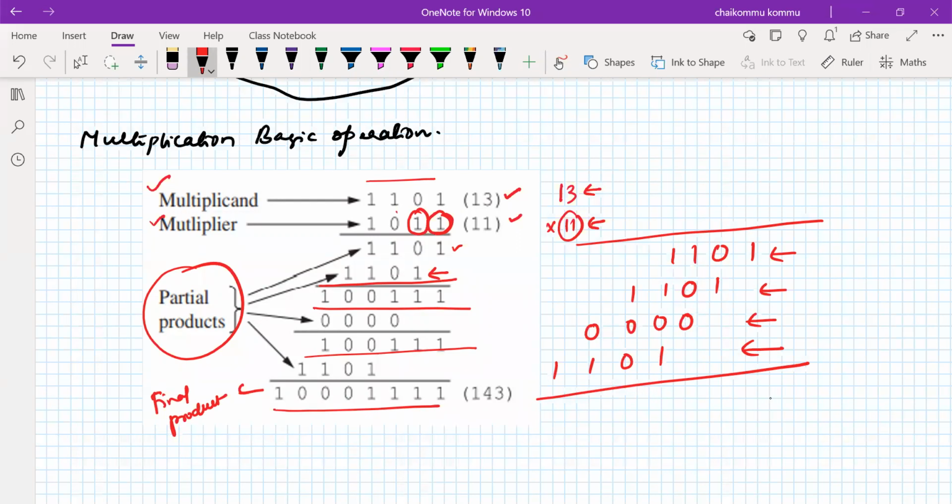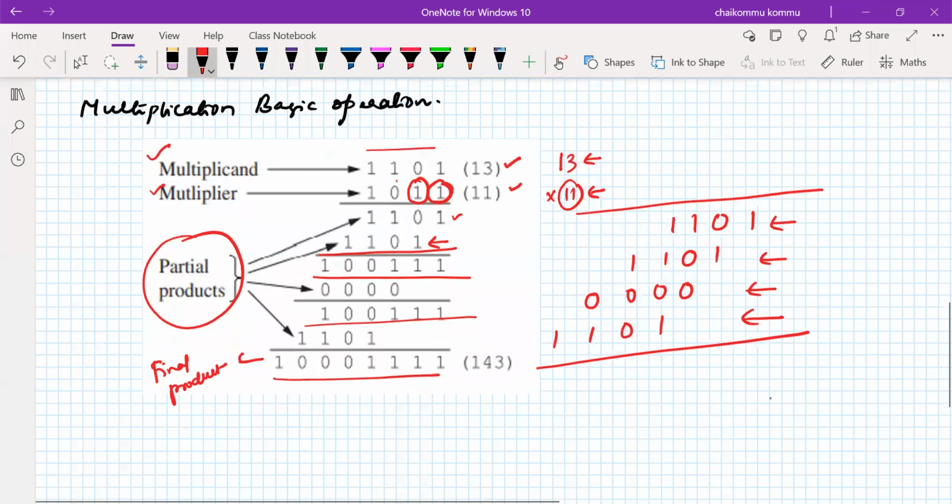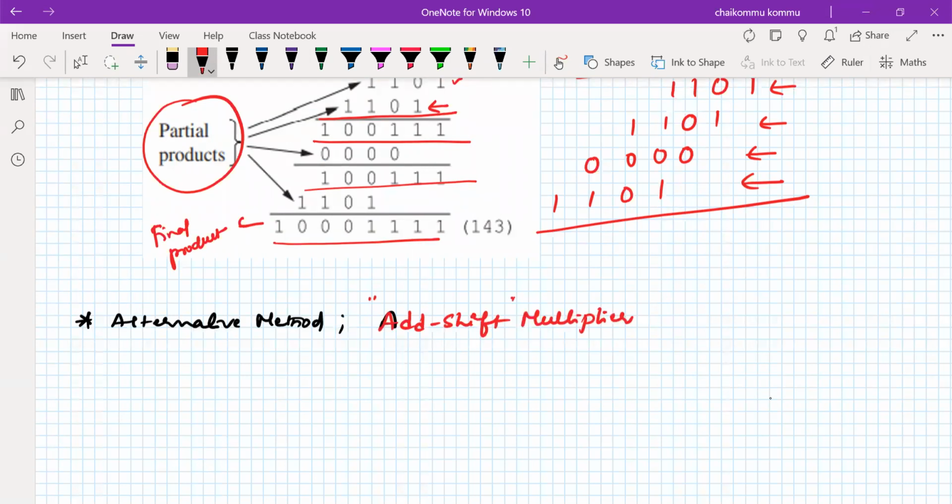So an alternative method is called the add-shift method. Another method is based on add-shift.